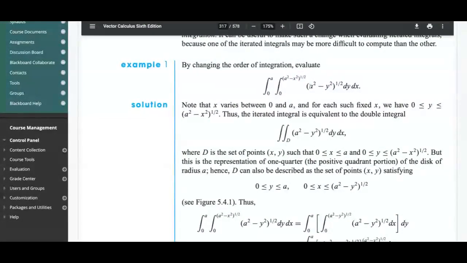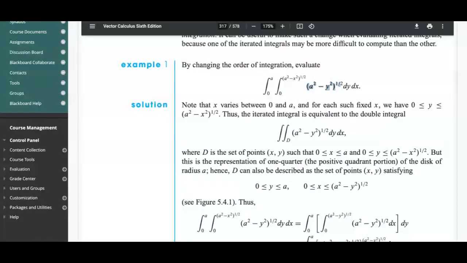If we had y multiplied by the square root of a squared minus y squared, that's easy. But here we don't have y, we have y squared under the square root. So it's very difficult to integrate in the y direction. So what do we want to do? Because this has no x in it, in the x direction this is just a constant, just a number.